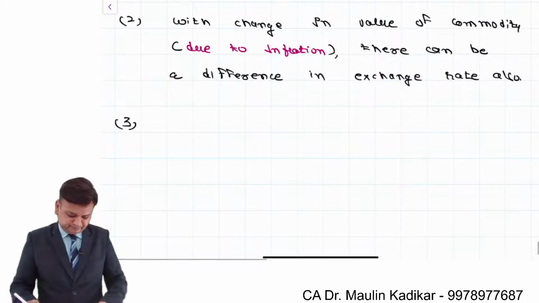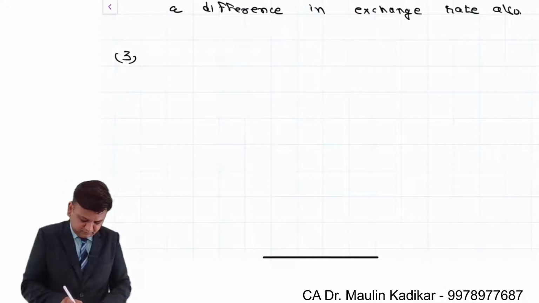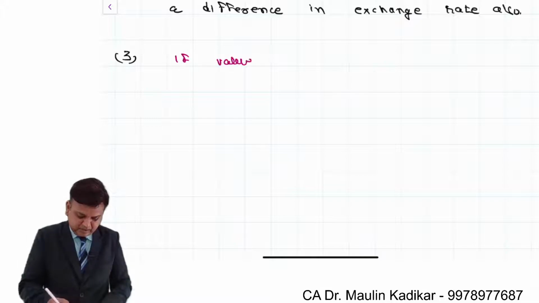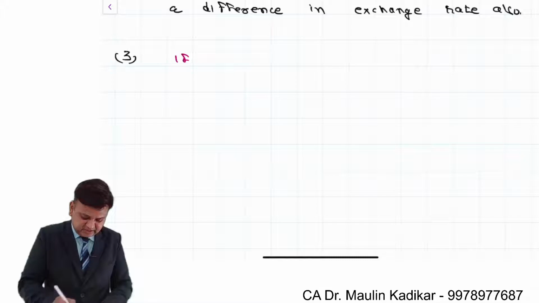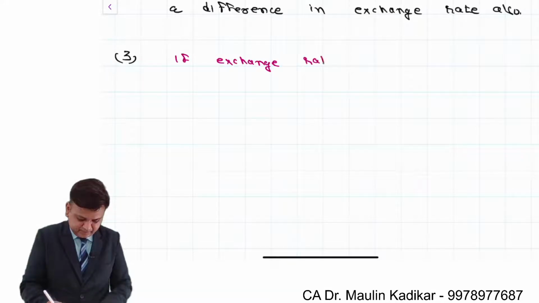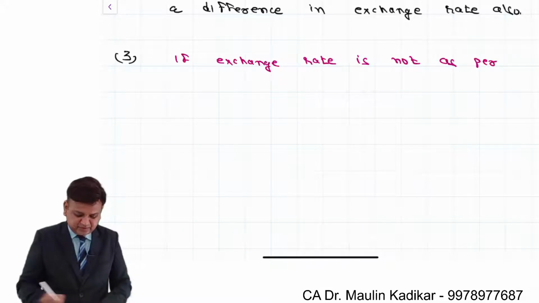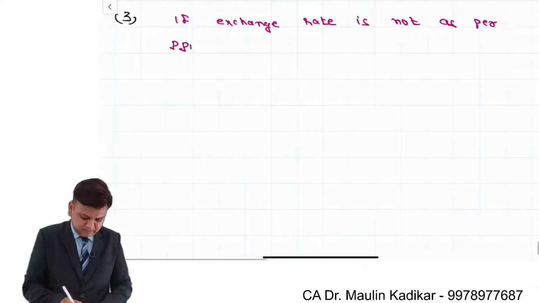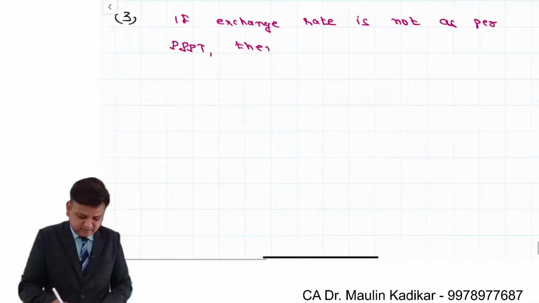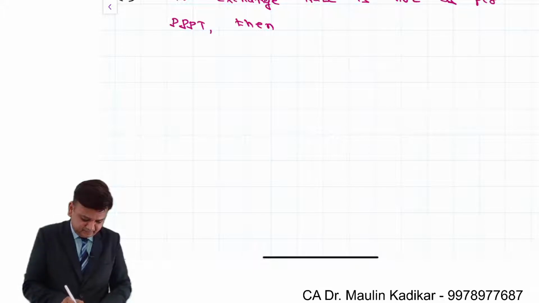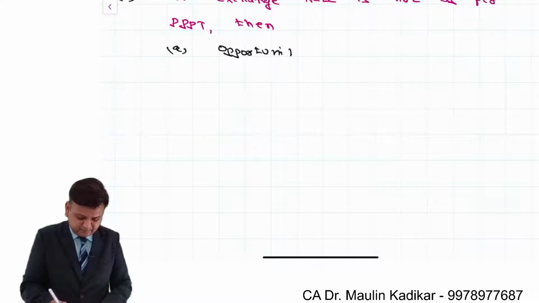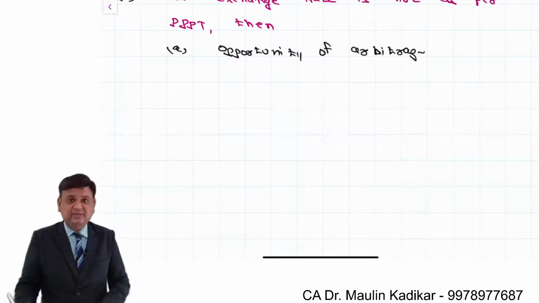Third point, if exchange rate is not as per triple PT, then A, opportunity of arbitrage exists.